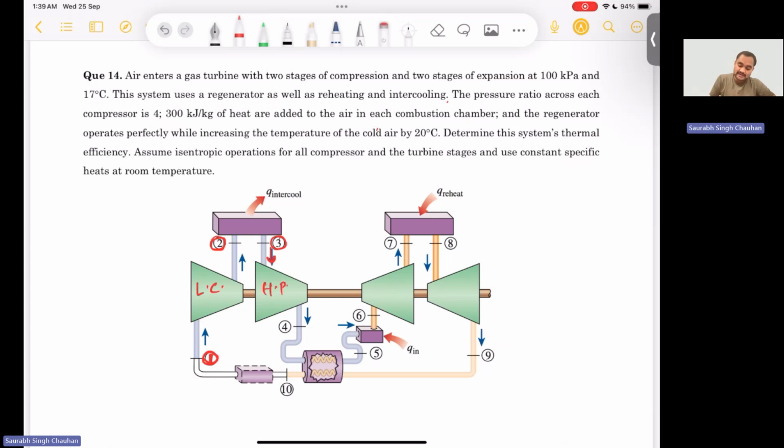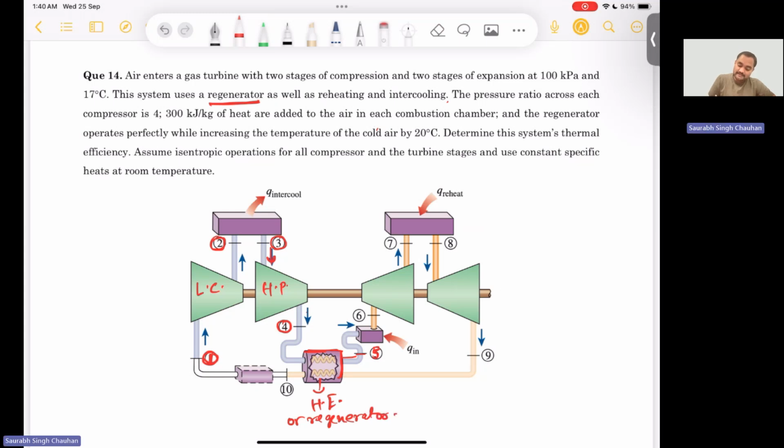After the high pressure compressor it goes to the heat exchanger, at point 5. In the question it is given as a regenerator, and a regenerator is nothing but a heat exchanger; both are the same.